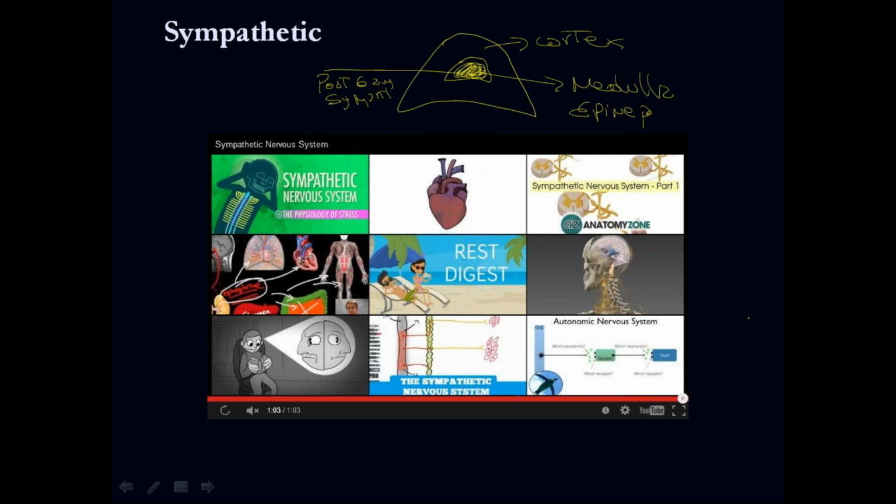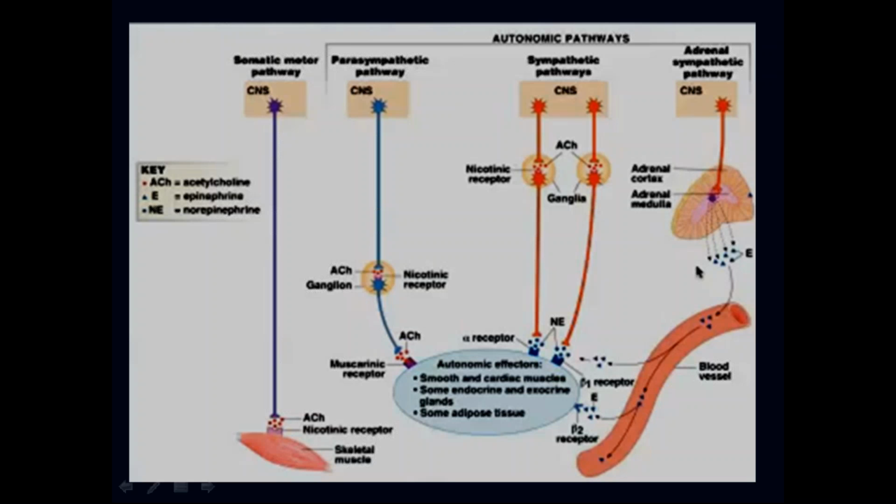All right, so here we have again the sympathetic and the parasympathetic. If you see here, this is the ganglion, this is the ganglion, and this is the ganglion. Sympathetic ganglion, parasympathetic. The preganglionic is going to be longer in the parasympathetic, and in the sympathetic the preganglionic is going to be shorter. So what do they release here?